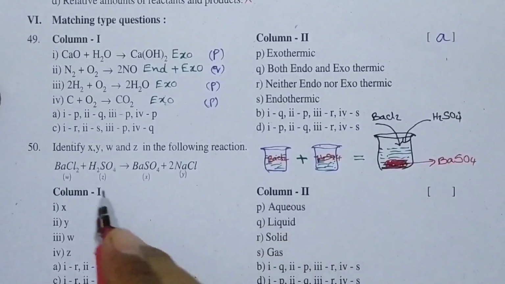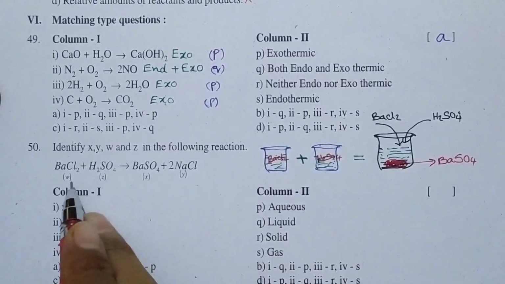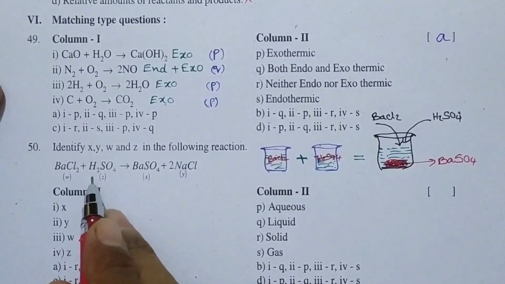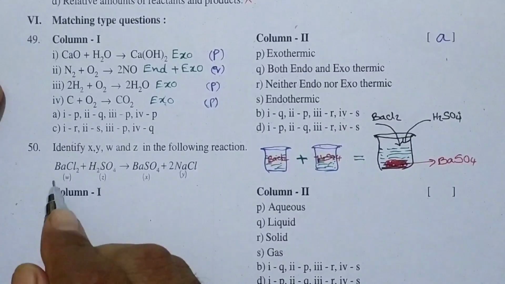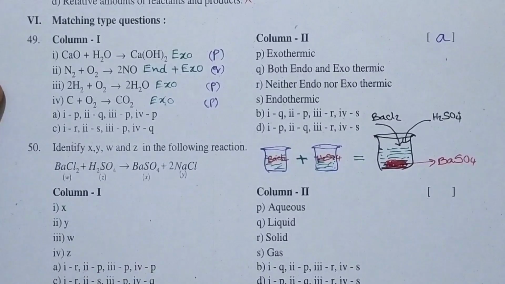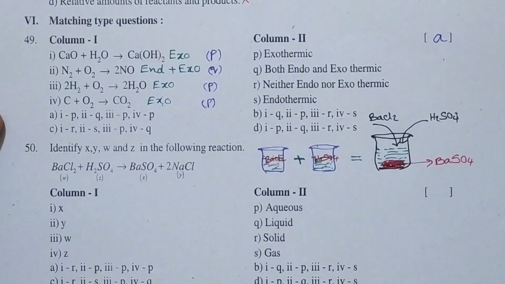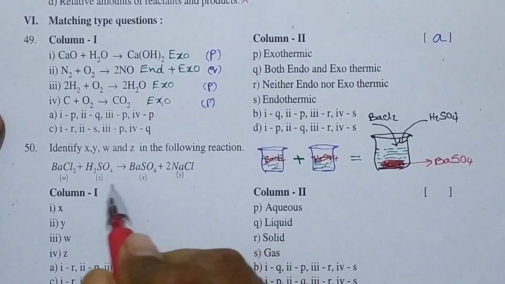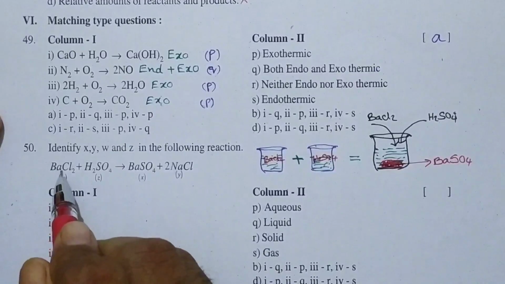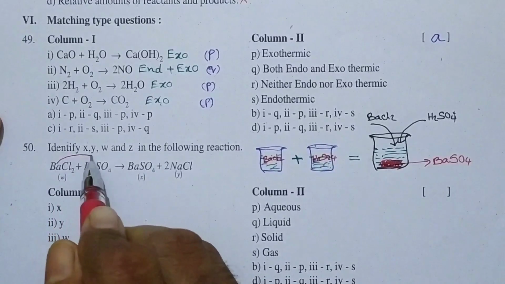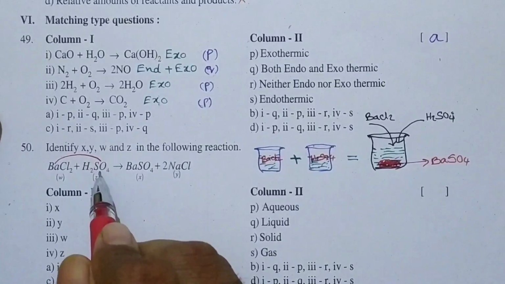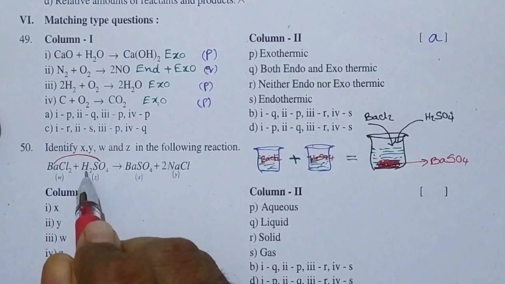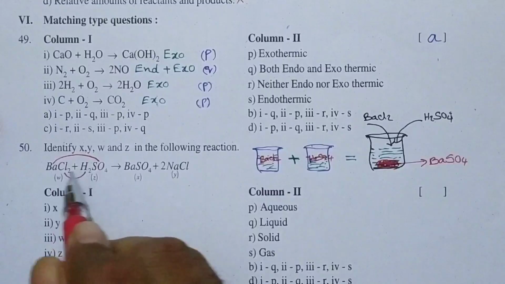Actually this equation is a little bit wrong here, because the mistake is that on adding, Ba will react with SO4. So SO4 can be taken by Ba, and H and Cl will come together.